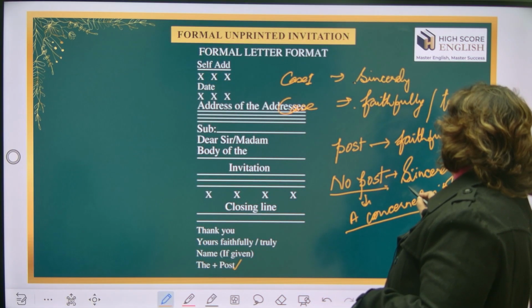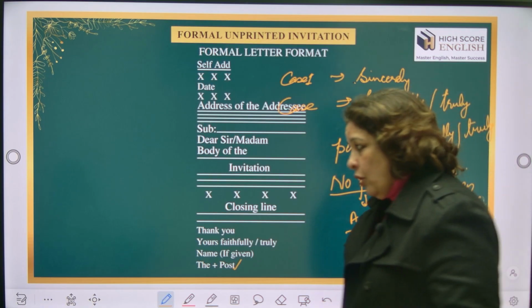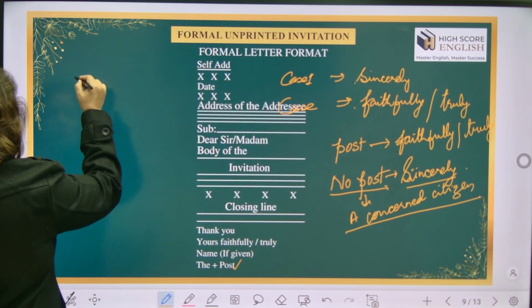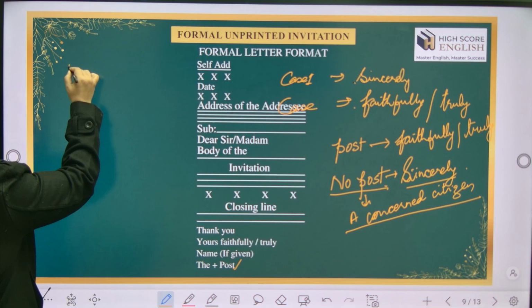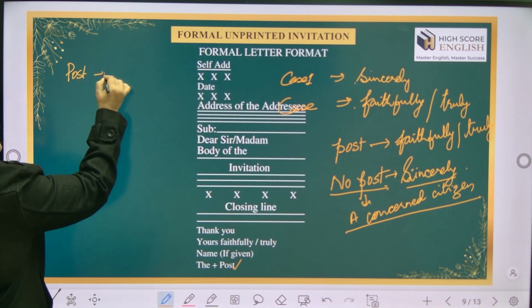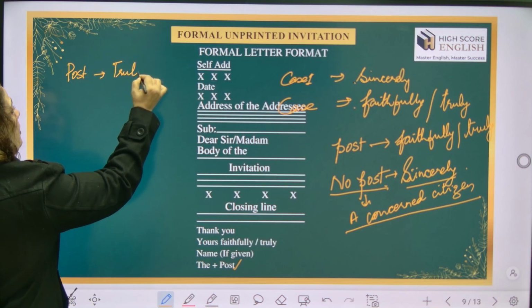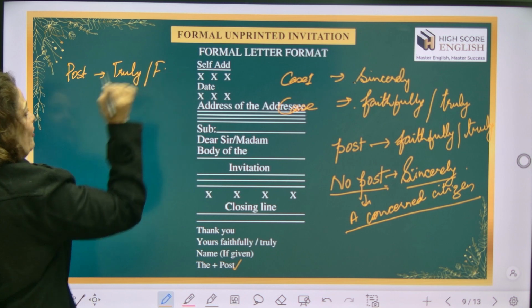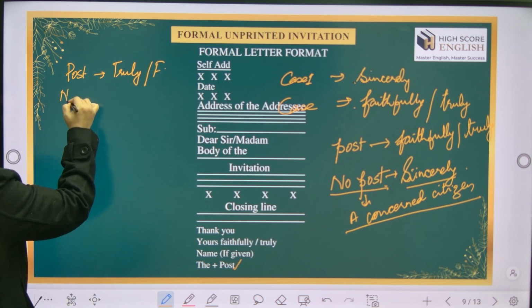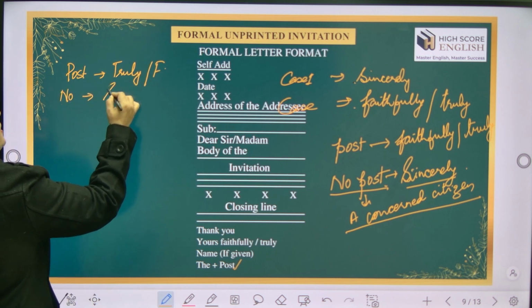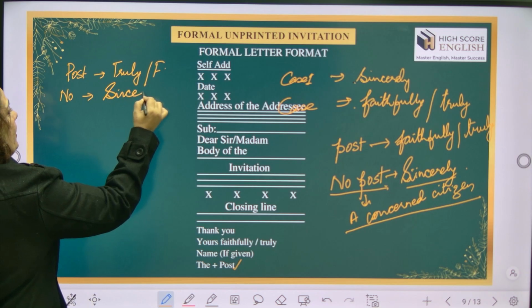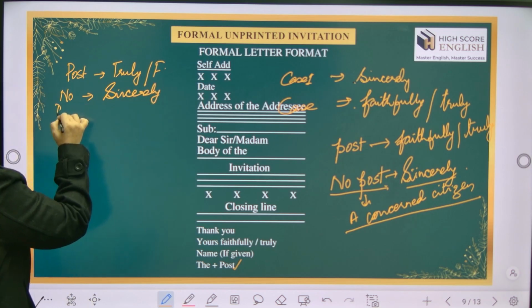That is why you will use sincerely. Got it? When there is a post, again, post, we write truly or faithfully. When there is no post, you write sincerely. Is that clear?